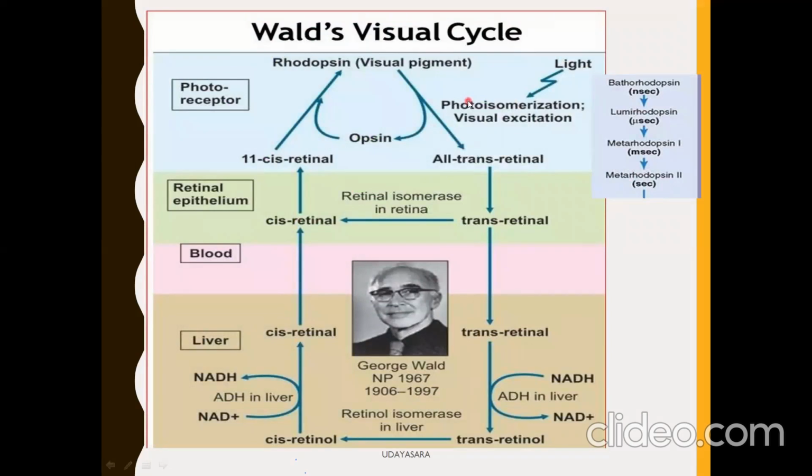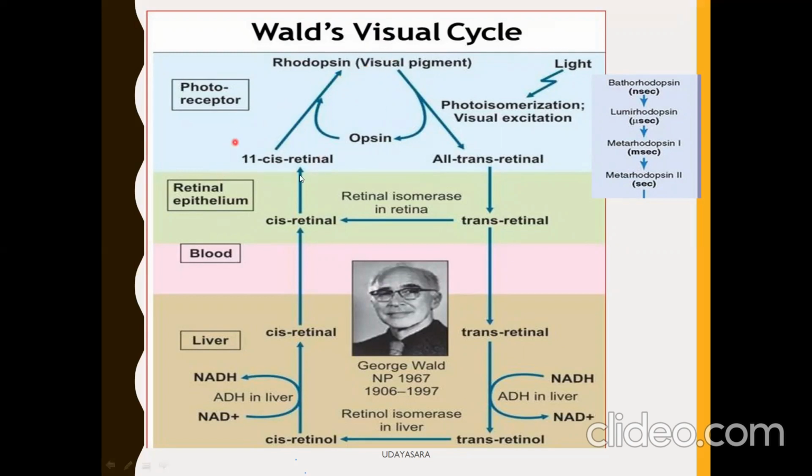When a photon, that is light, hits the retina, the visual pigment in the rods, that is rhodopsin, gets activated, which causes a release of the opsin and 11-cis retinal.